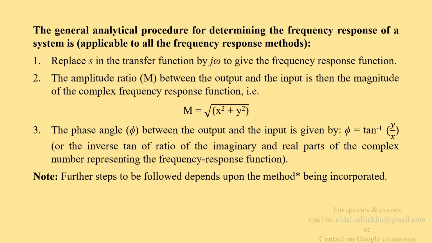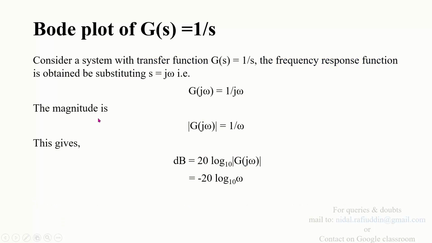The second step is to obtain the magnitude of the frequency function. The third is to obtain the phase of the frequency function. The same thing we are going to apply for the Bode plot.